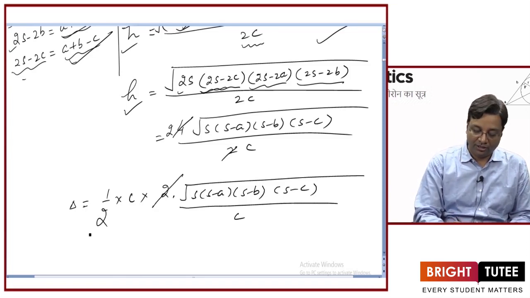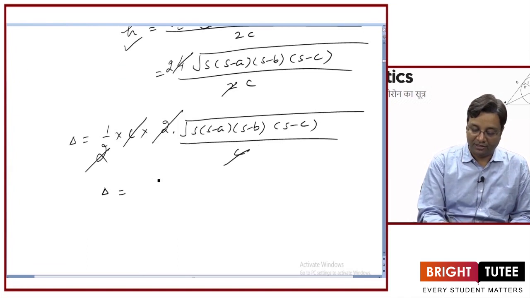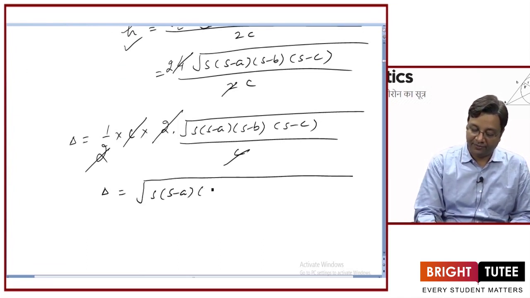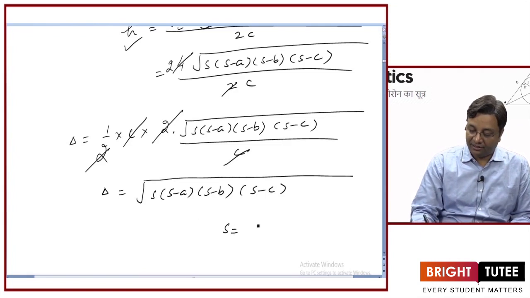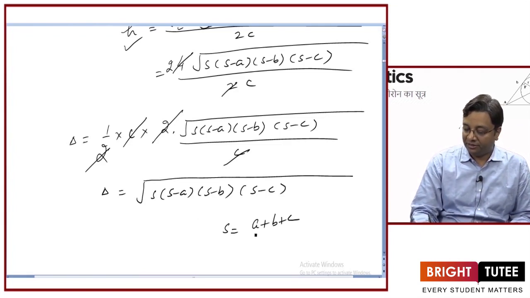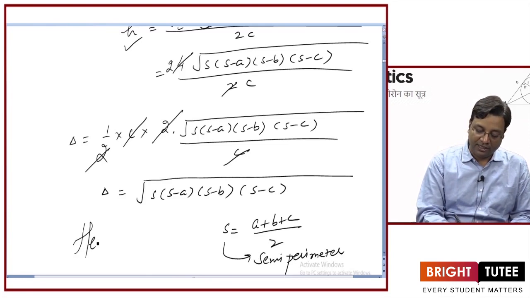So, this 2 got cancelled, this c got cancelled, and we have got a neat formula: the area of the triangle is equal to the square root of S(S − a)(S − b)(S − c), where S is nothing but (a + b + c)/2, that is the semi-perimeter. Students, this formula is known as Heron's formula.